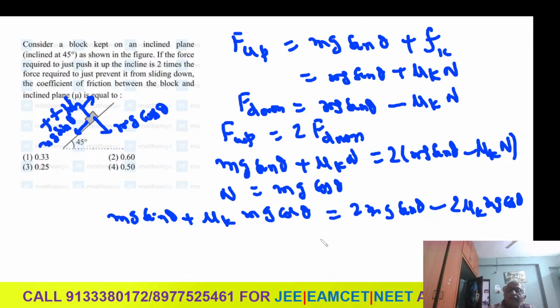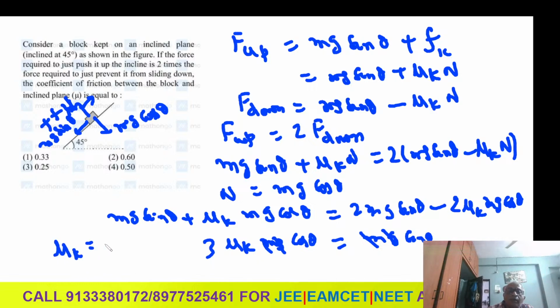Bringing terms to this side, 2 mg sin theta minus mg sin theta becomes mg sin theta, and the other side becomes 3 mu k mg cos theta. mg gets cancelled. We want mu k, which is 1 by 3 times sin theta by cos theta.